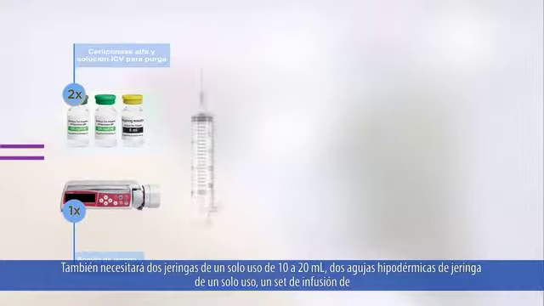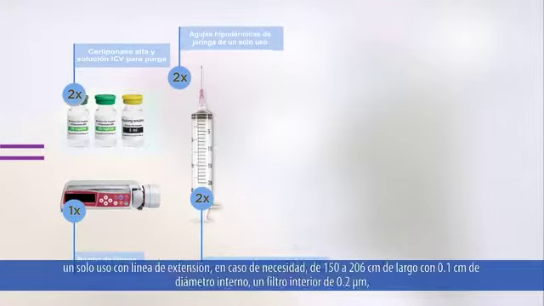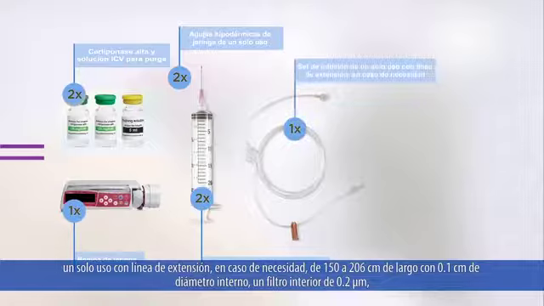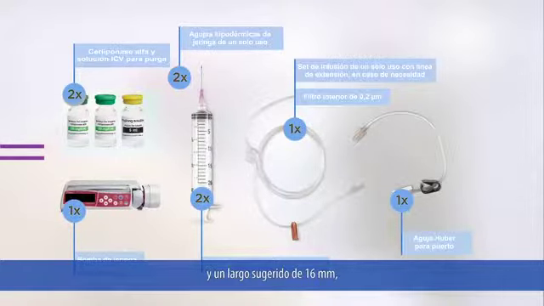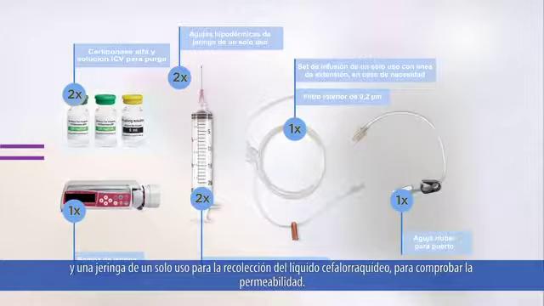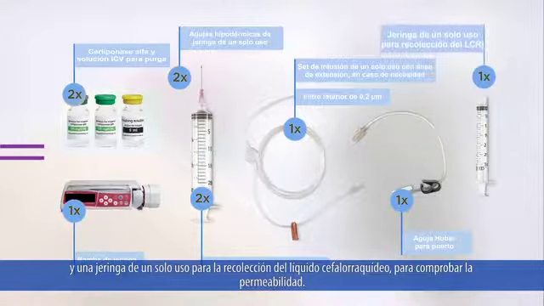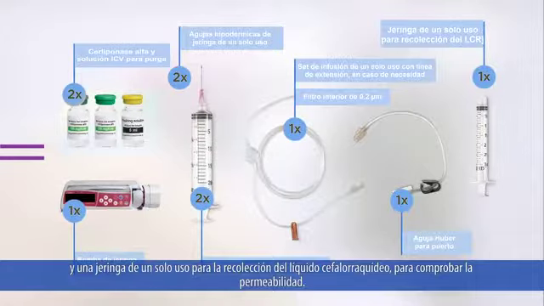You will also need 2 10 to 20 milliliter single-use syringes, 2 single-use hypodermic syringe needles, a single-use infusion set with an extension line if needed that is 150 to 206 centimeters long with a 0.1 centimeter internal diameter, a 0.2 micron inline filter, a non-coring port needle with a gauge of 22 or smaller and a suggested length of 16 millimeters, and a single-use syringe for the collection of the cerebrospinal fluid to check patency.